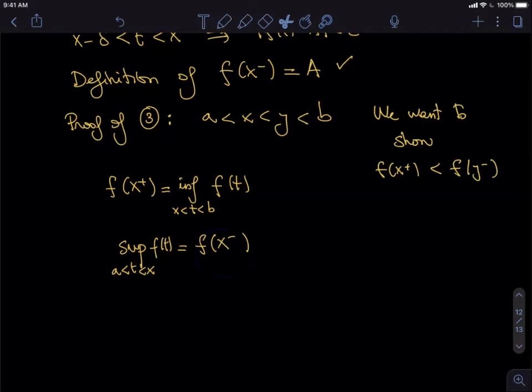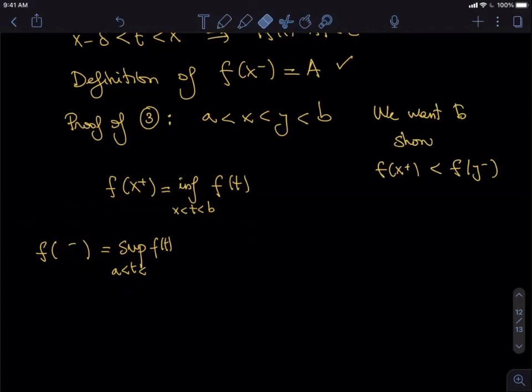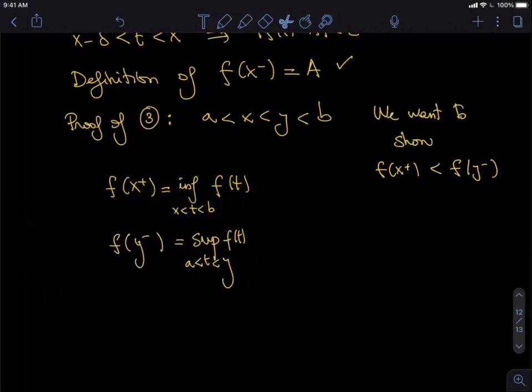Now, for the second, of course, instead of x, I'm going to write y. And here, we would like to get these two in order.